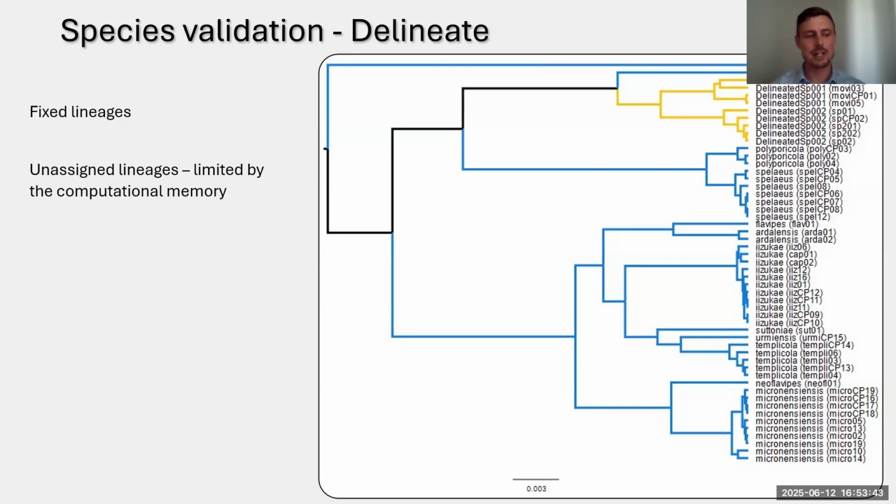But otherwise, I really like this approach because you can create the species hypothesis in the first step, then you create the species tree in the second step, and then you use this species tree in this species validation step, and you can test different scenarios that you create in step one.